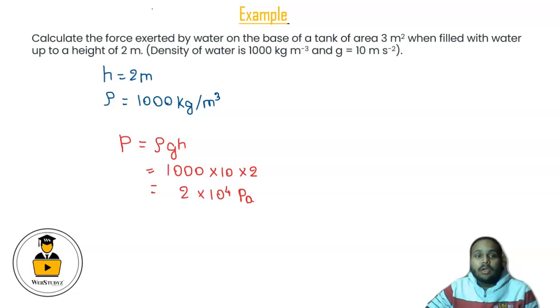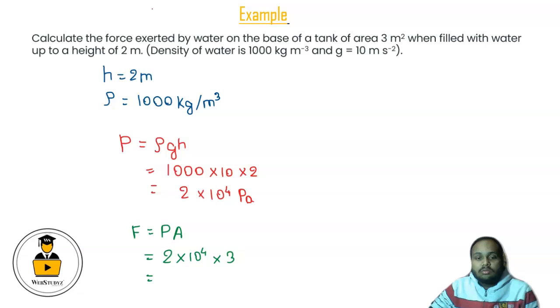But now we have to calculate the force also. So we know that the formula of force, F, is equal to pressure into area. Pressure we calculated 2 into 10 to the power 4, and area here is cross sectional area, that is 3 square meter.